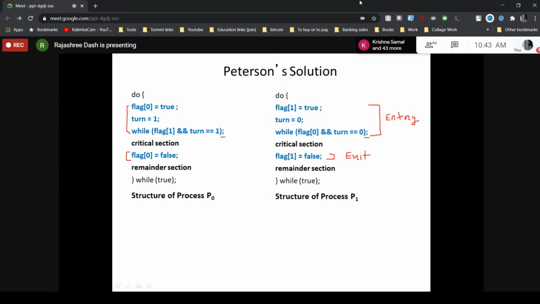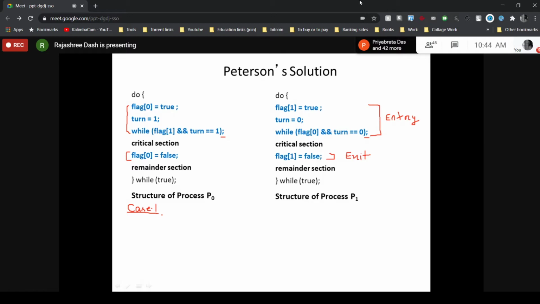So to better understand how it works, whether the 3 requirements of the critical section problem, mutual exclusion, progress and bounded waiting, are satisfied or not, let's discuss with an example. Suppose consider case 1. Here P0 and P1 can start their execution concurrently at any time. There may be different possibilities.